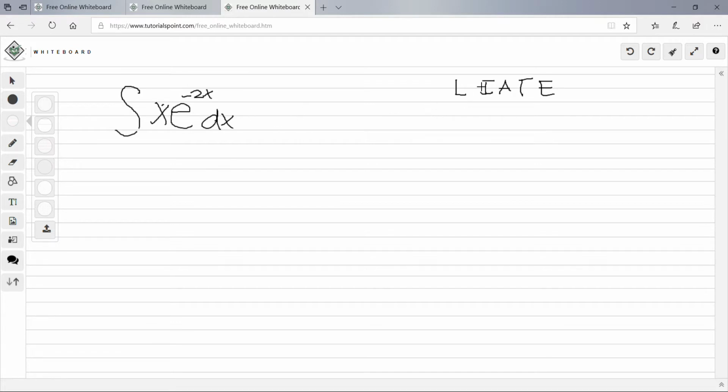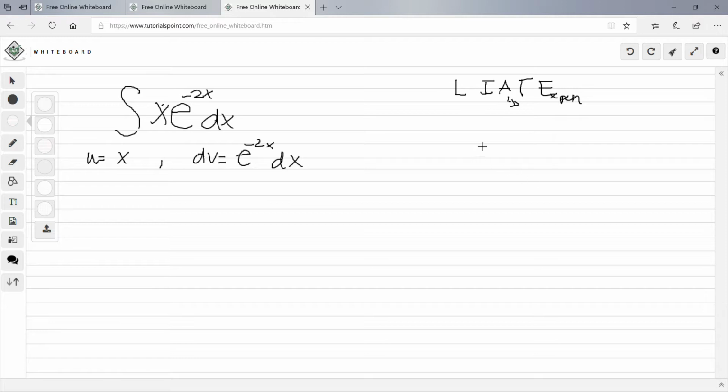We have an algebra term, and then we have e to the negative 2x, an exponential. Since the algebra comes first, our u is x, and then our dv is the exponential, e to the negative 2x, and don't forget the dx.